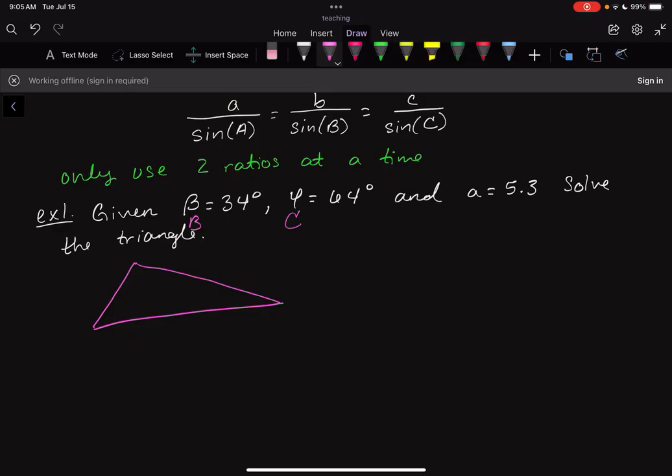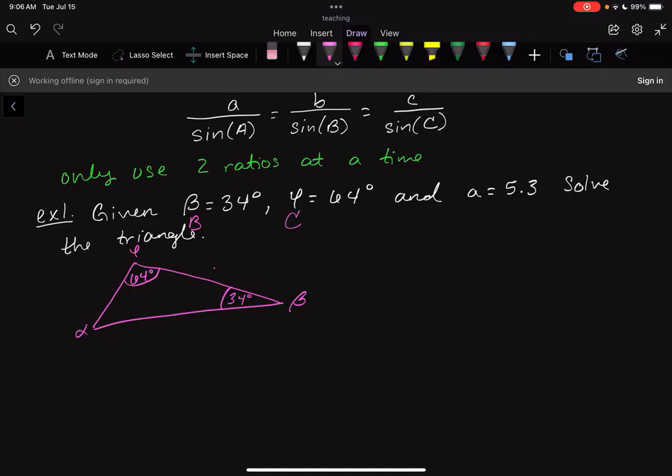So for this one, let me put beta over here. So this is 34 degrees. I'll put gamma over here, I'll put it at the top. So 64 degrees. And then my alpha or my A would be here.